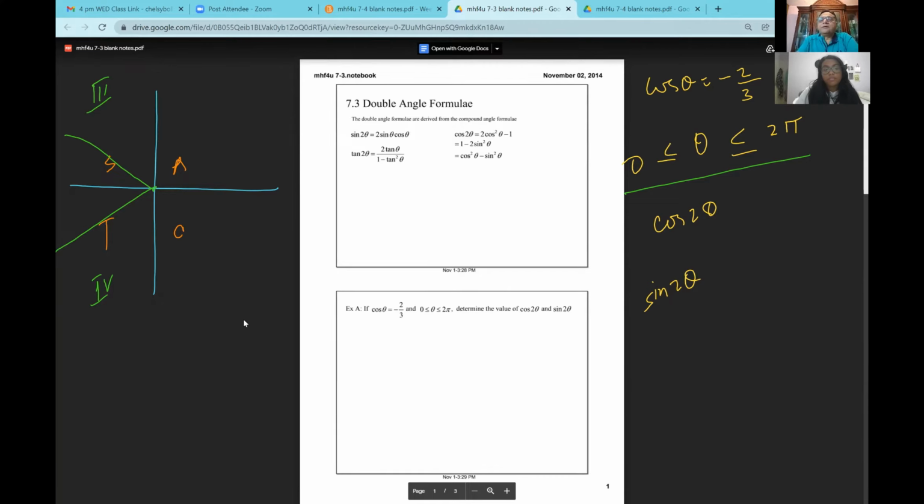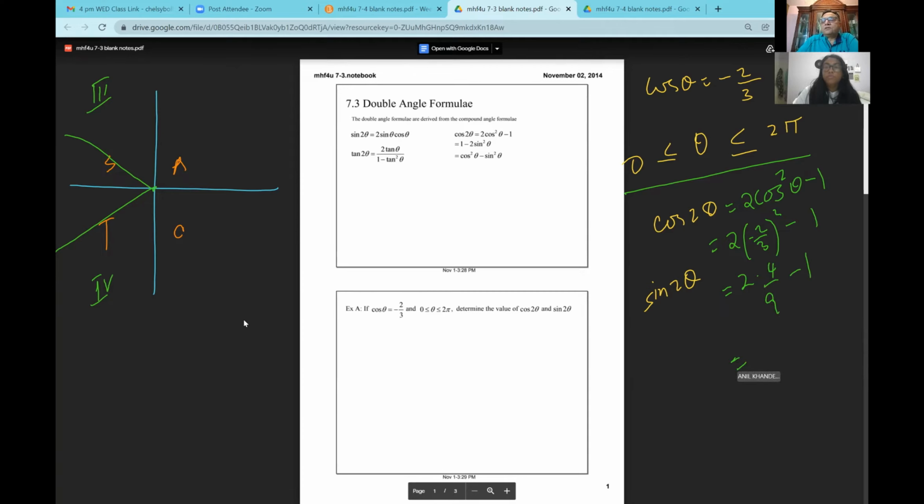Correct. So cos 2 theta basically is equal to what? Cos 2 theta is 2 cos square theta minus 1. We know one of the formulas, right? So we know what cos theta is. So we'll just multiply: 2 times (-2/3) whole squared minus 1. What do you get? 2 times 4/9 minus 1, correct?